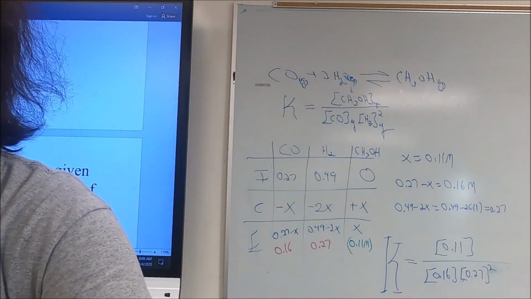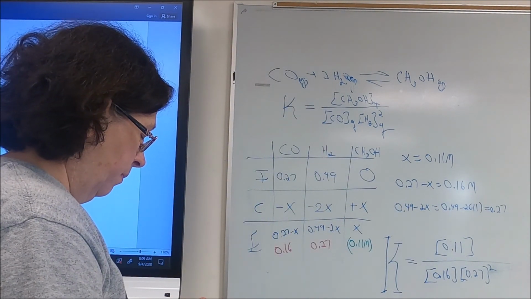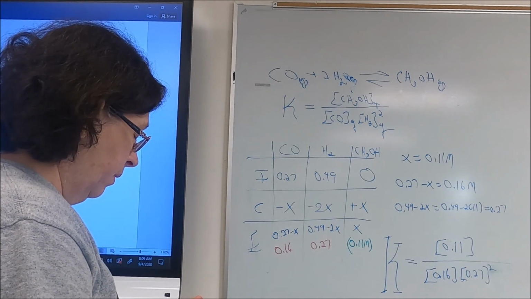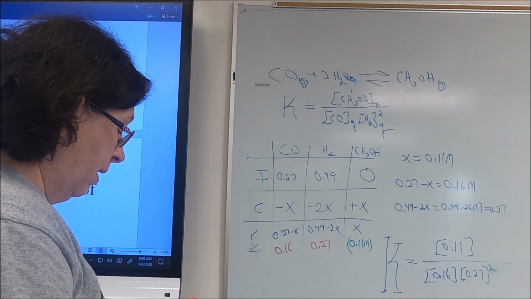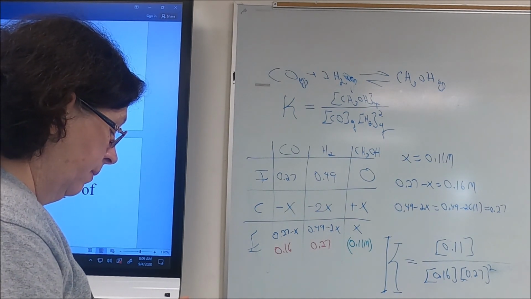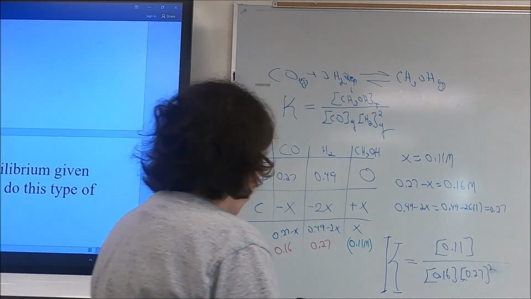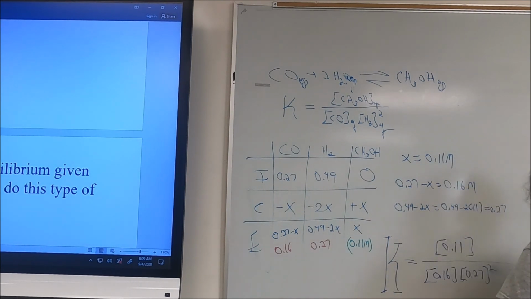So let's get an answer. 0.11 divided by 0.16 divided by 0.27 squared. So I get an answer here of 9.4.